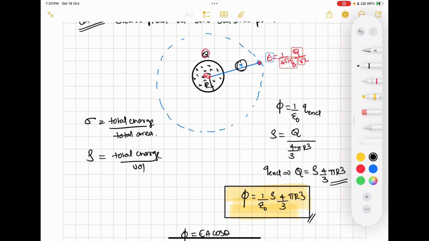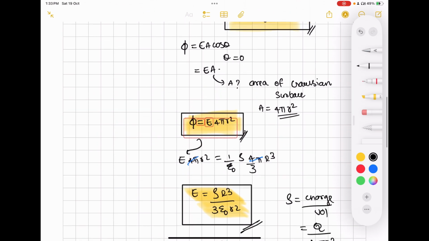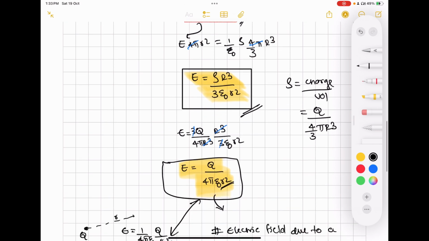That is, small r is equal to capital R. We will make the Gaussian sphere coincide, exactly equal to the radius of the non-conducting sphere.